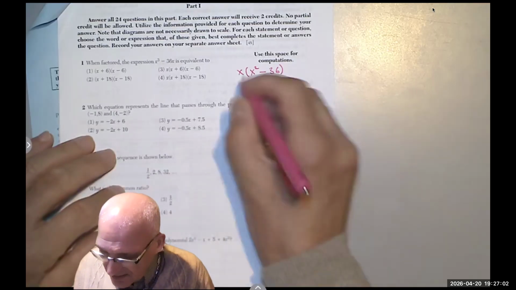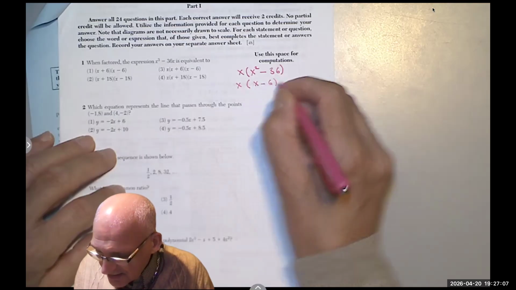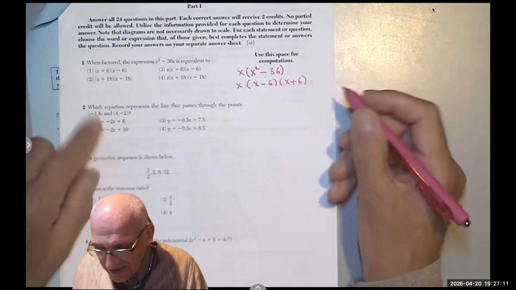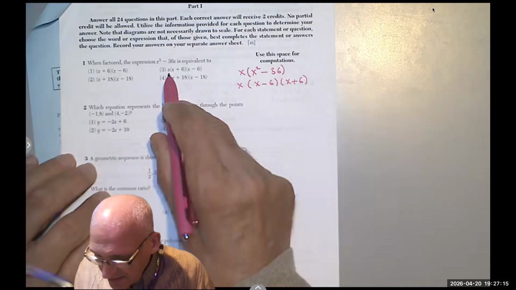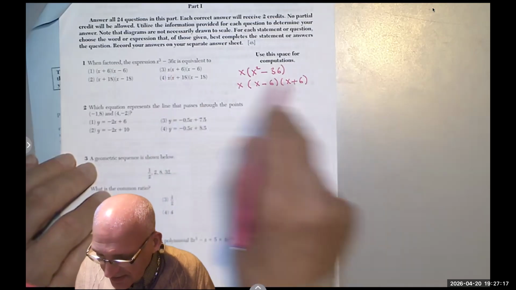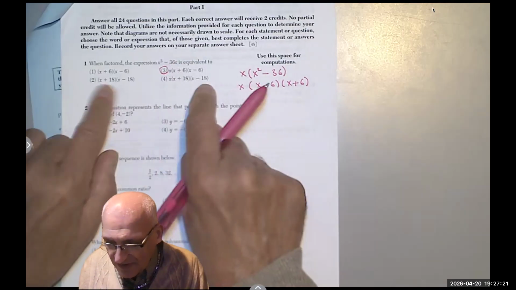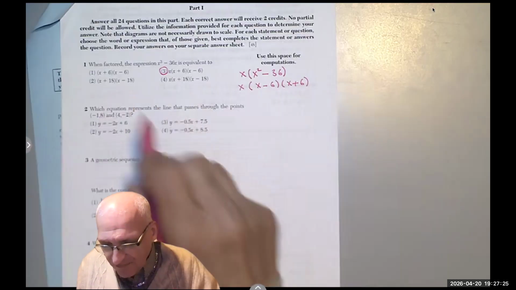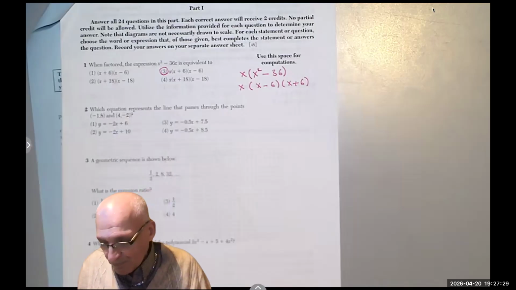So we can factor it as x minus 6 times x plus 6, or x plus 6 times x minus 6. It doesn't matter. This is number 3, x times x plus 6 times x minus 6. Of course, they have the 18, which is half of 36. That is wrong. And here the x that we factored in the beginning is not there.